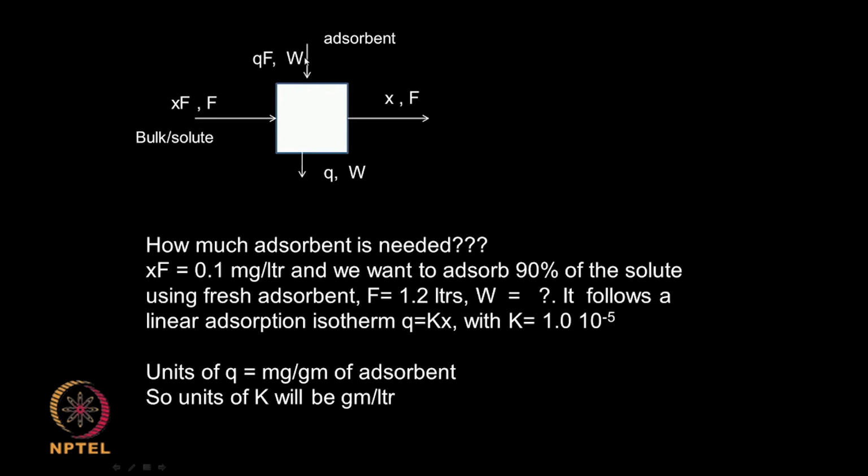How much W do I require if I want to adsorb 90%? Now, I am using fresh adsorbent, so QF will be 0, so this term will be 0. I take the mass balance equation, and I know the XF. So 10% of XF will be what is going out, X.